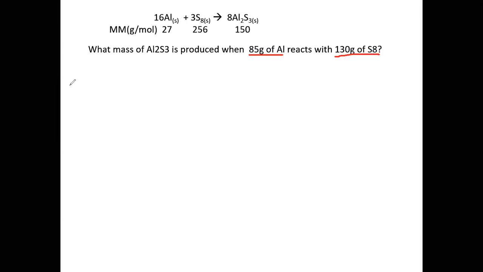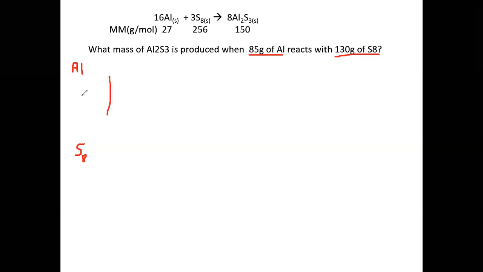And so again, we're going to do one set of calculations for aluminum and one set of calculations for sulfur. It's the same thing. We're going to convert mass to moles, and then moles to moles of product. We'll stop there, and we'll do the same for both reactants to see which one produces the fewer moles of product.